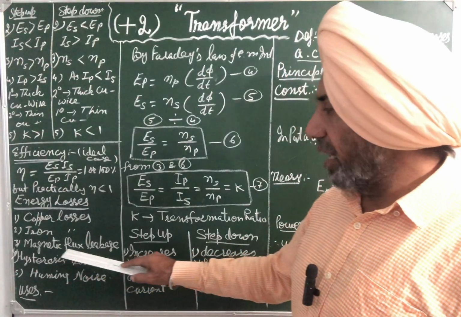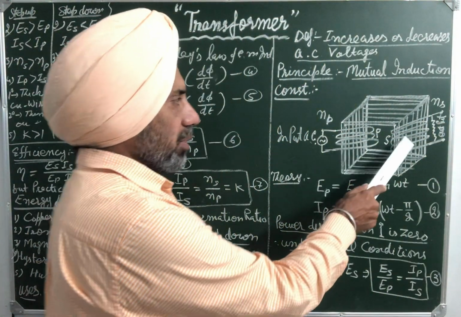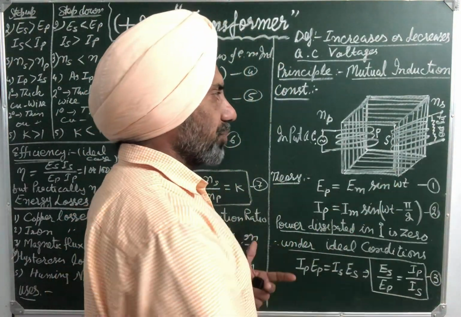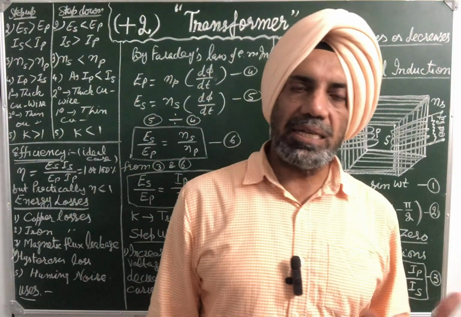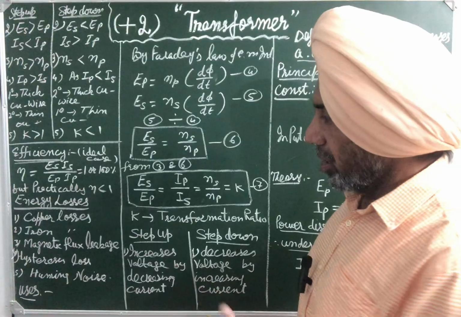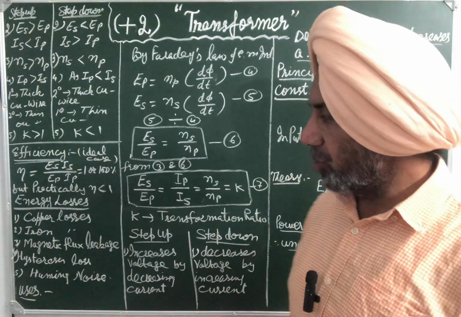Third, there is magnetic flux leakage, because the whole of the magnetic flux linked to the primary must be linked with the secondary. But practically some magnetic flux is wasted, or it leaks from the primary coil and doesn't reach the secondary coil.